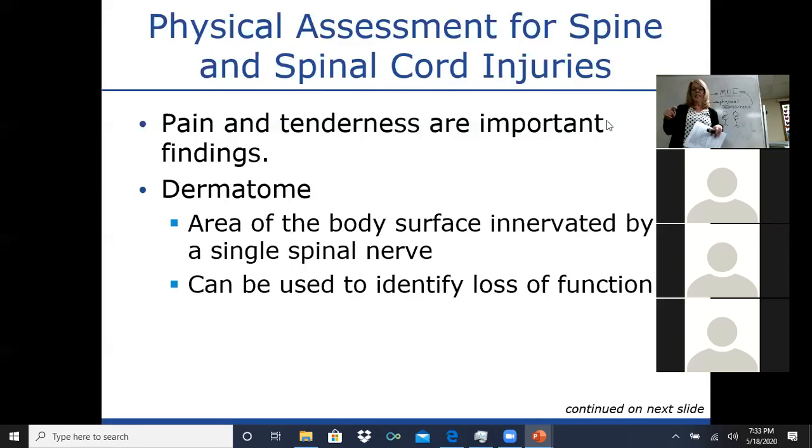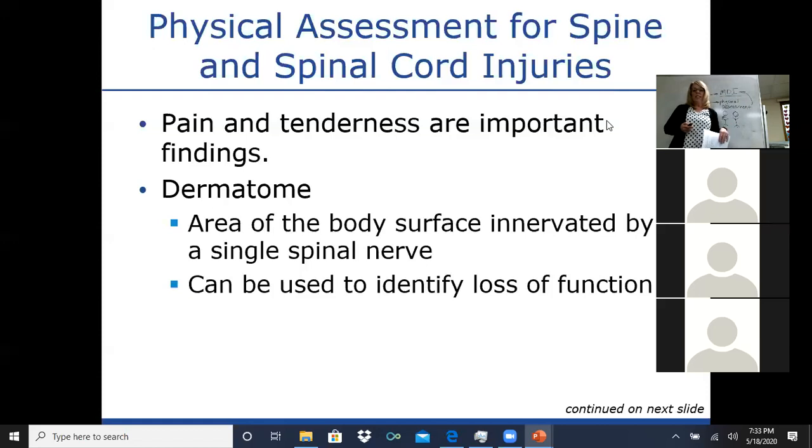There's no clear-cut sign in a spinal injury that is going to scream at you unless it's very, very significant and obvious, like there's paralysis or numbness and tingling. A lot of times initially, that's not what happens. They actually just feel tenderness and pain. But as things swell and as things change, it ends up getting worse. So keep that in mind.